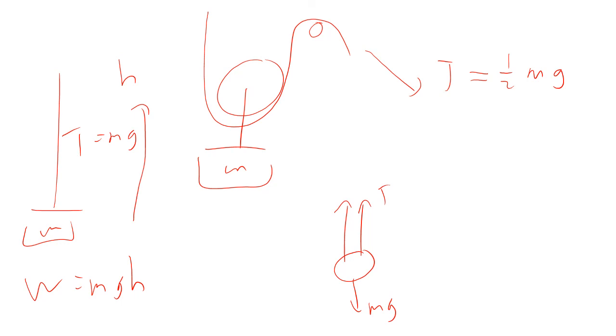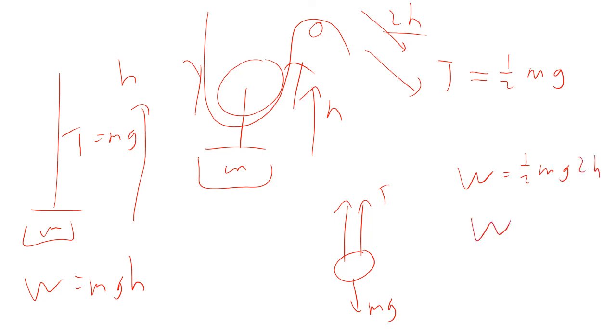So two tensions equals mg. Now, if I want the mass to go up some distance h, I have to pull 2h, because I've got to make both sides go up by h. So the work is going to be the tension, 1/2 mg, times 2h. So the work is mgh.